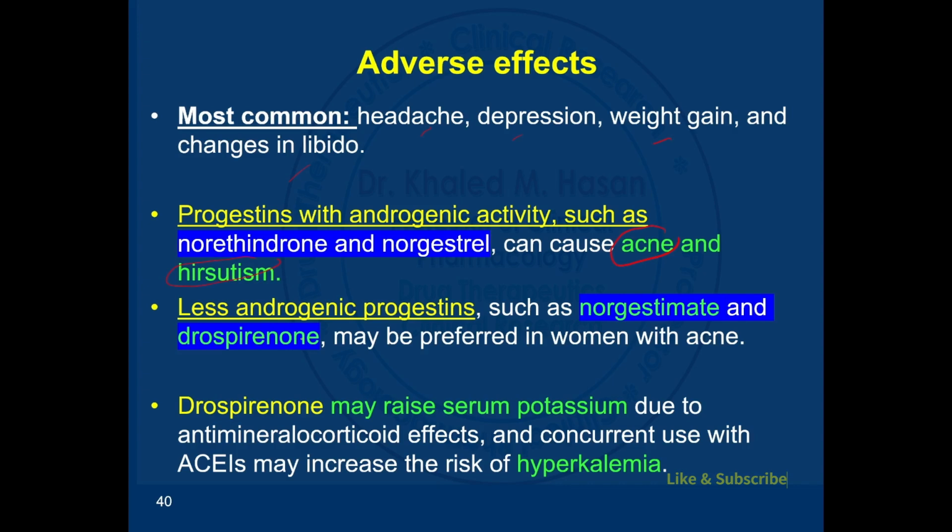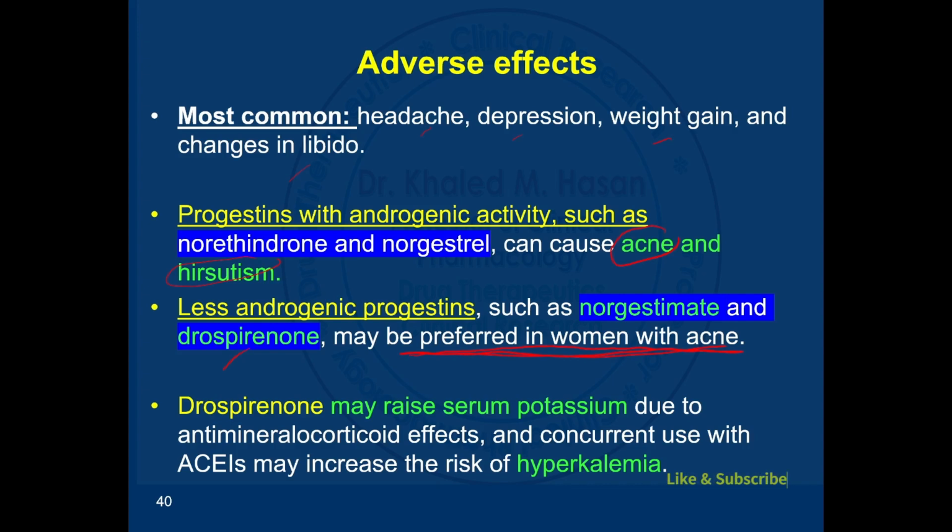Compared with the less androgenic progestins, norgestimate and drospirenone, these may be preferred because acne and hirsutism are less likely to occur. They are considered the preferred treatment for women with acne.